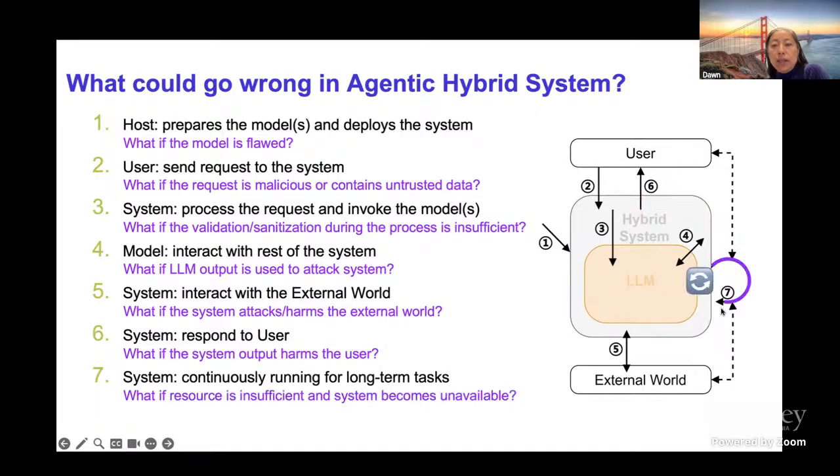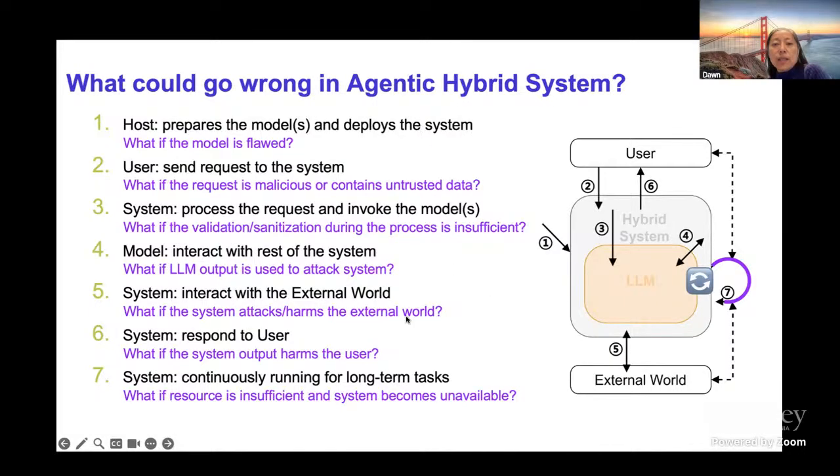And finally, the system is supposed to continuously run for long-term tasks, but however, there can be various resource issues or other denial of service attacks that cause the system to become unavailable.